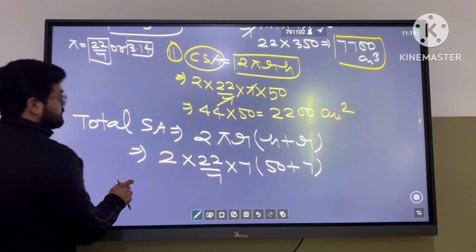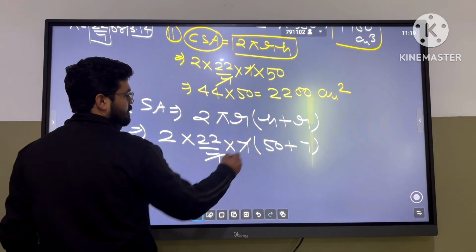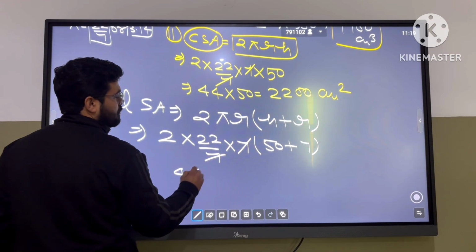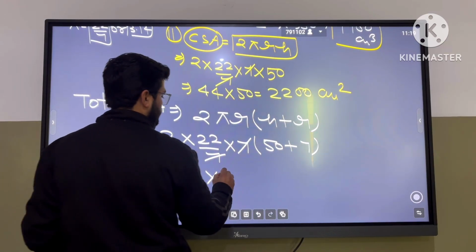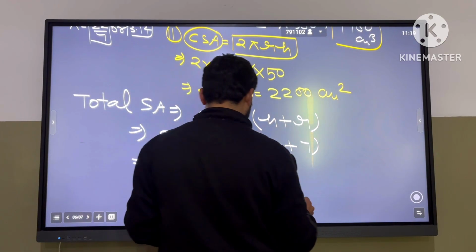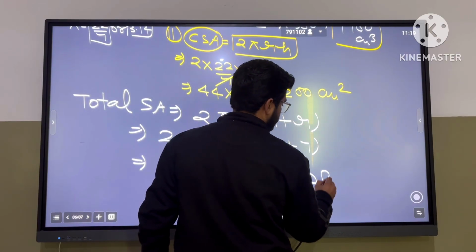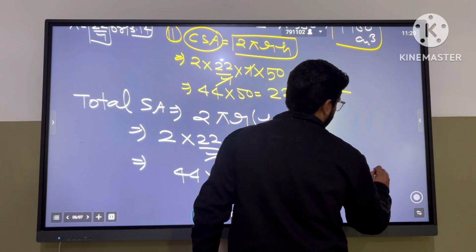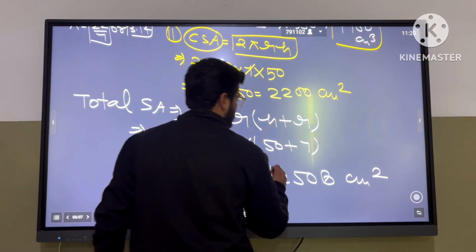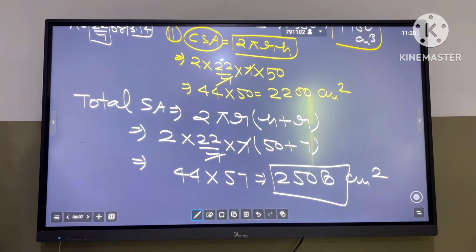Dear friends, what is the calculation of this? 7 plus 7, 22 to the 44 into 50 plus 7, 57. 44 into 57 is equal to 2508. 2508 centimeter square. So this is the total surface area of this right circular cylinder.